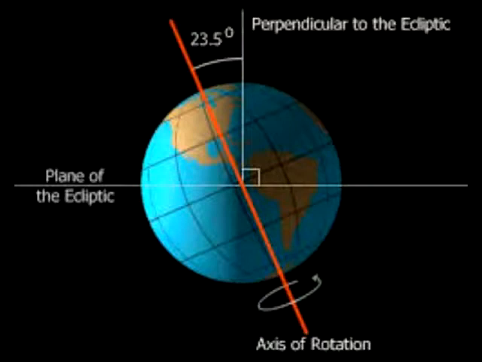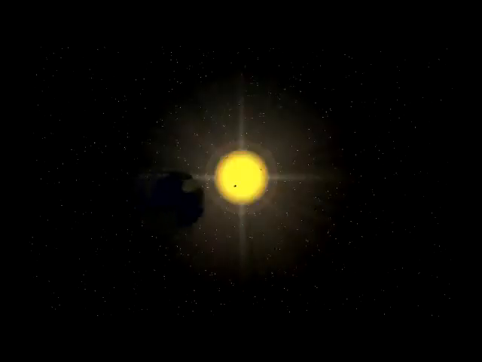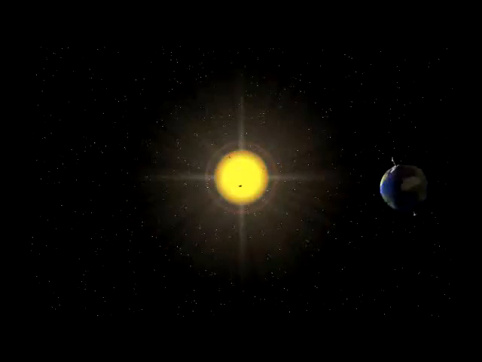The axis of rotation is offset 23.5 degrees from a perpendicular plane through the ecliptic. Axial parallelism refers to the fact that the Earth axis maintains its alignment during the orbit around the Sun.